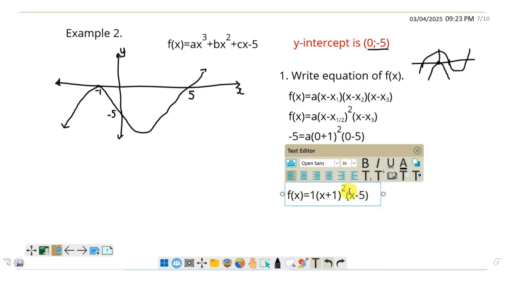So I just need to expand this and write it in this form. Let me do that.